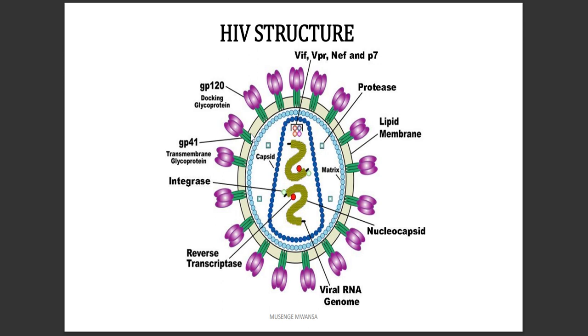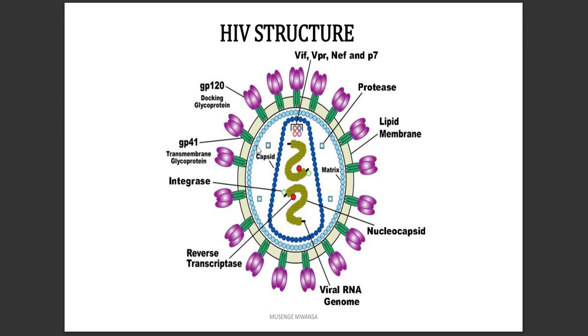So the GP41, of course, is there to make sure that it supports the GP120. We can see if there was no GP41, where would be the GP120? It wouldn't attach anywhere. So the GP41 is basically there for the attachment of this GP120.